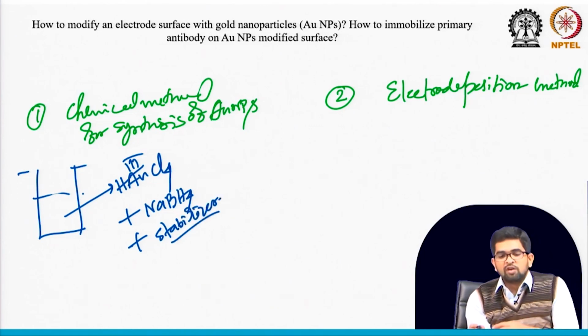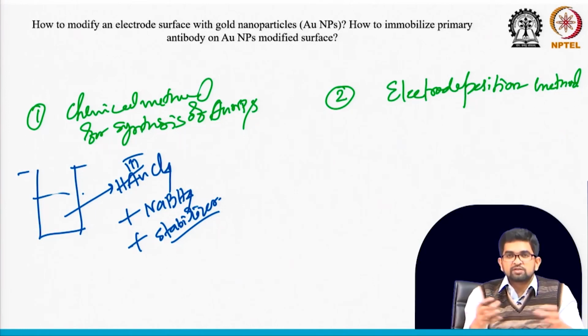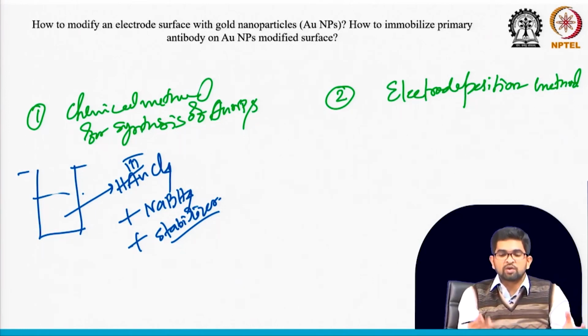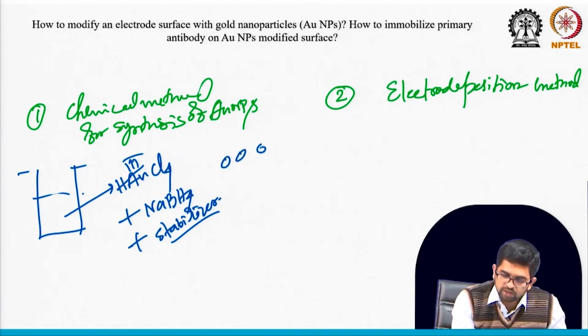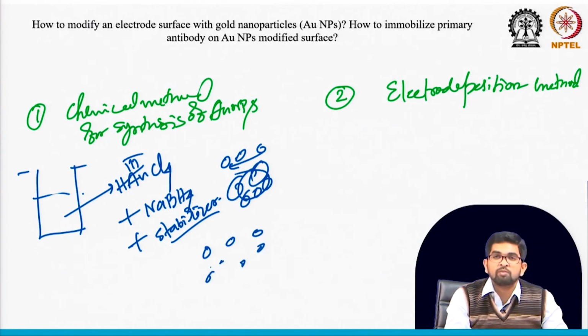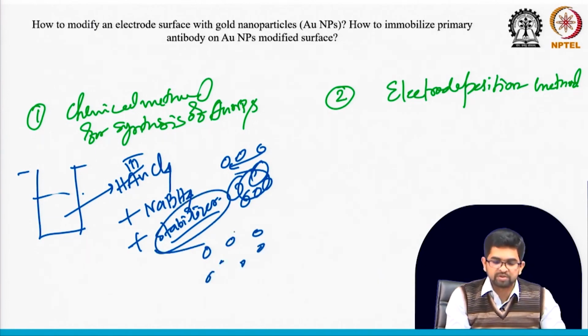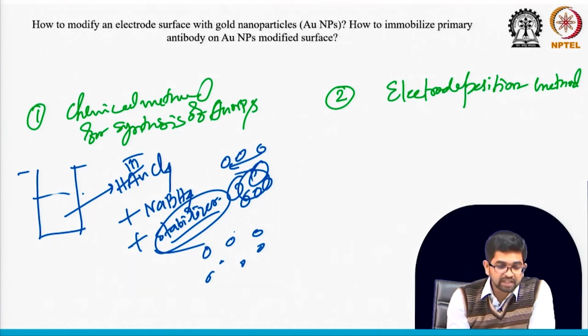Because it will prevent the nanoparticles from coagulating, so that they do not come together and make big particles, not a clump like this. They should be well separated or monodispersed. For that, you have to use a stabilizer, for example sodium citrate. By using this, I will synthesize the gold nanoparticles.